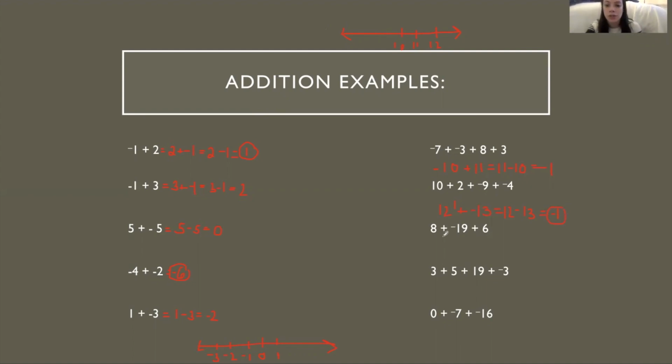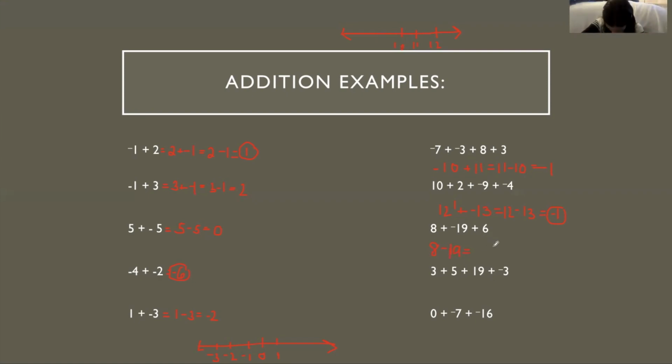Okay, so for this one, our numbers are a little bit out of order, but just off the top of our heads, 8 plus 6 is 14, so we know the answer is going to be negative because negative 19 is bigger than 14. So first we're going to do 8 minus 19, and that's a big number.